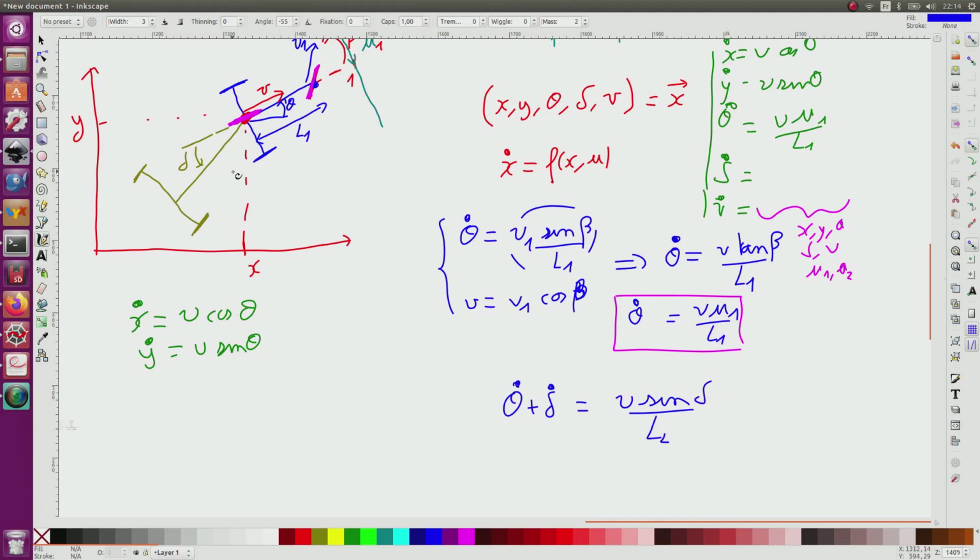Now, due to the fact that delta has this direction, I will also have to put a minus here.